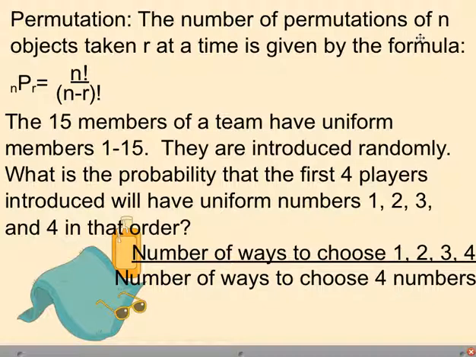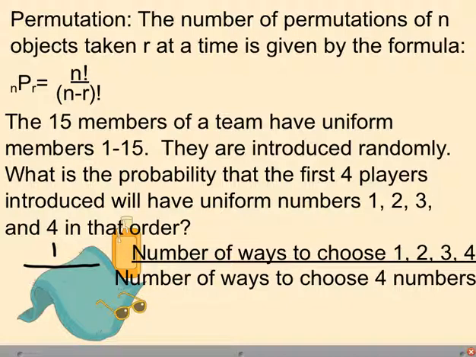We need the choice that we want out of the total possibilities. Now the choice that we want is the number of ways to choose 1, 2, 3, and 4. How many different ways can we choose 1, 2, 3, and 4 in that order? Well, there's only one way to do that. So that's my one choice that I am okay being successful with.